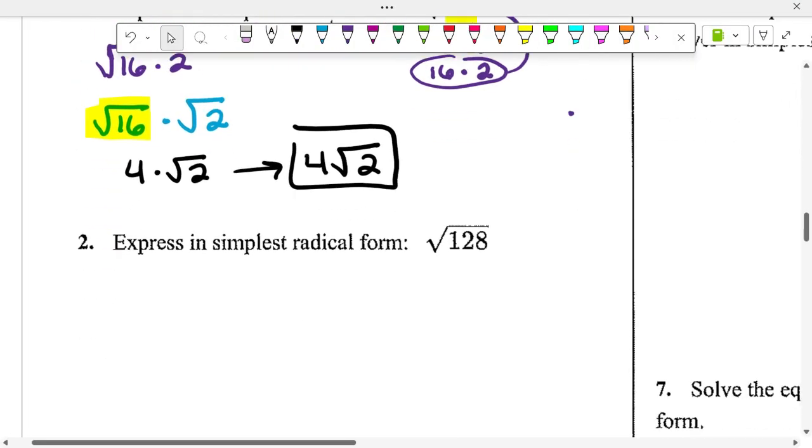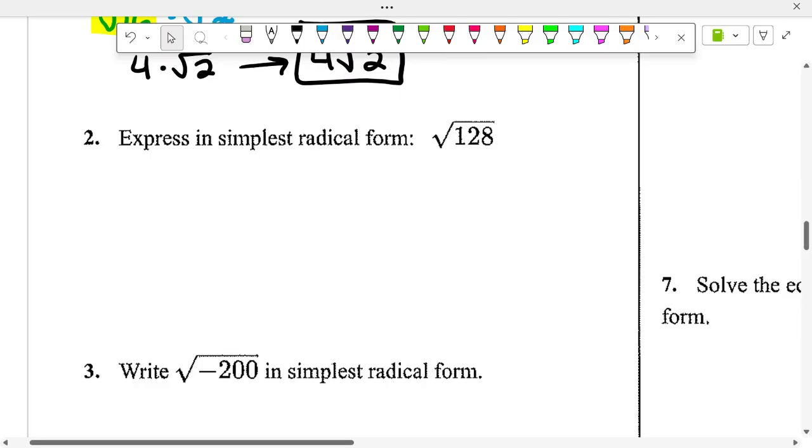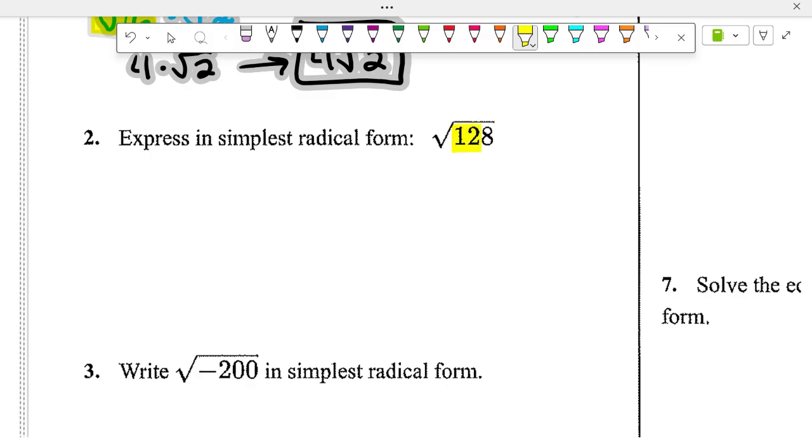So let's do another one together. So 128. So we've got the square root of 128. First thing we're going to do is break it down into its factors using perfect squares. So we know 128 divided by 1, that works. Can 128 be divided by 4 evenly? Yes.